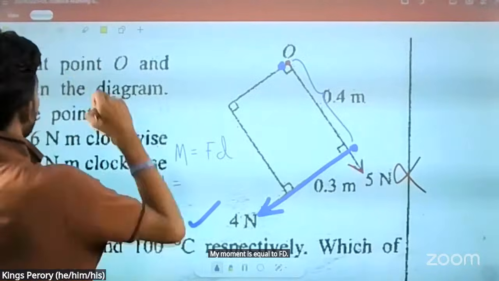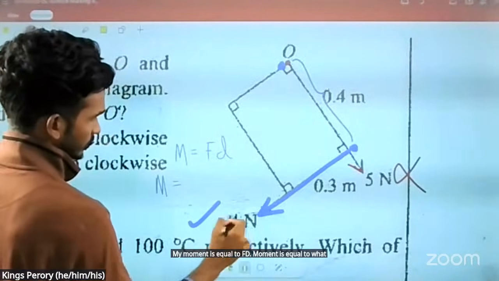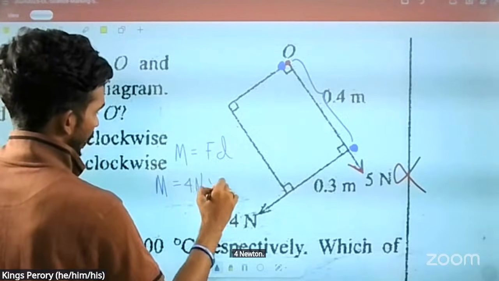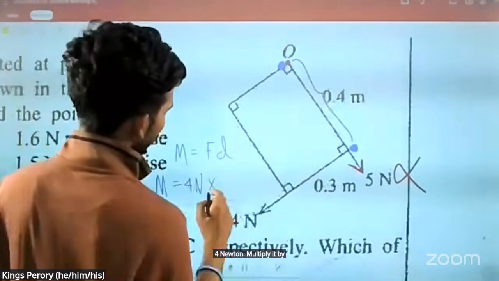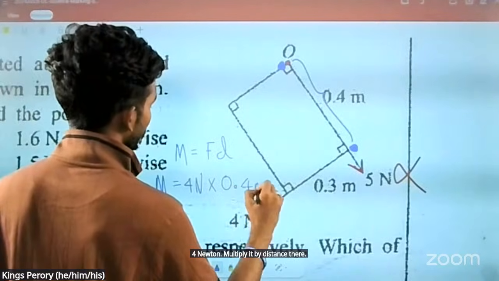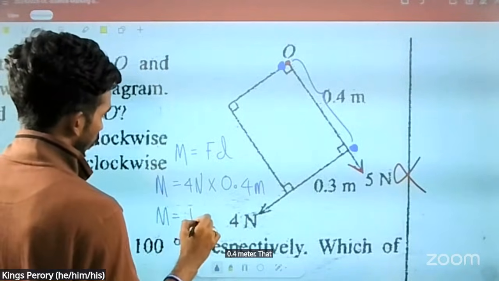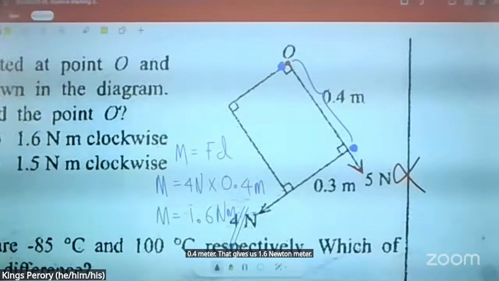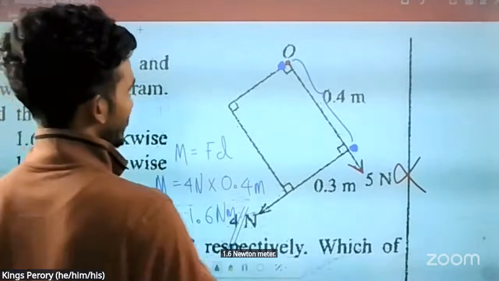What's the force there? 4 Newton multiplied by the distance 0.4 meter. That gives us 1.6 Newton meter. What direction?